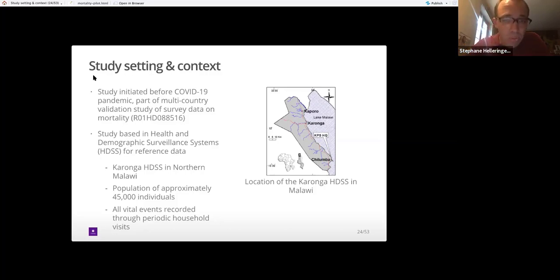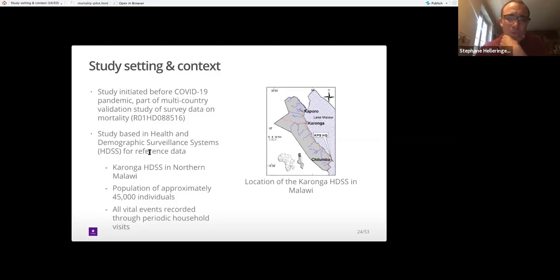In Malawi, we work in a place called the Karonga Health and Demographic Surveillance System in the north of the country. If you see here on the map of Africa, Malawi is in the southeastern corner there. And Karonga is a district in Malawi at the northernmost part of the country, near Lake Malawi.